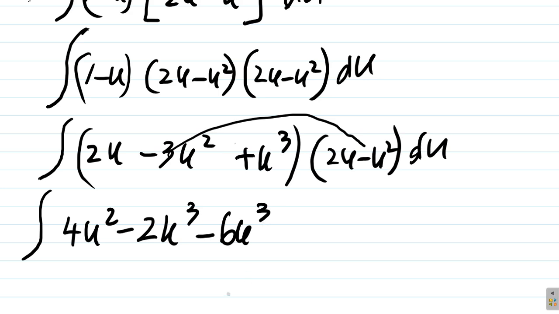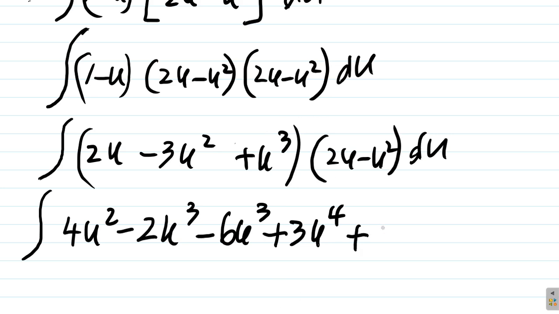Negative 3u squared times negative u squared is going to be plus 3u to the fourth. Then u cubed times 2u is going to be plus 2u to the fourth power. u cubed times negative u is going to be minus u to the fifth power. And you're integrating all of this, du.